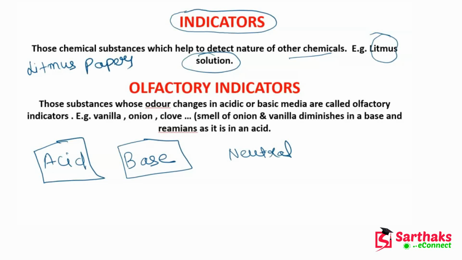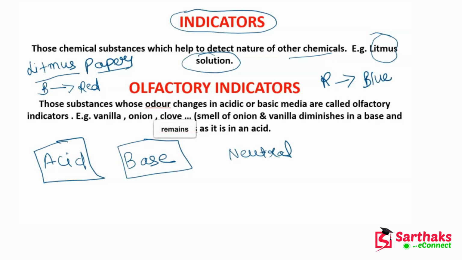Let's suppose a litmus paper is blue. If you dip it into an acidic solution, it will turn red. On the other hand, if you dip red litmus paper into a basic solution, it will turn blue.